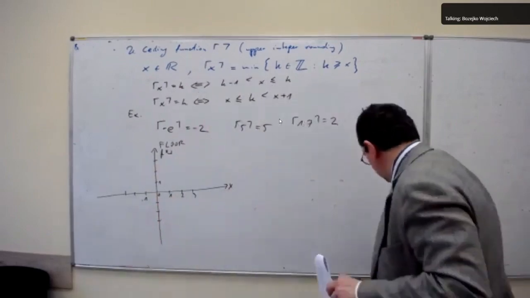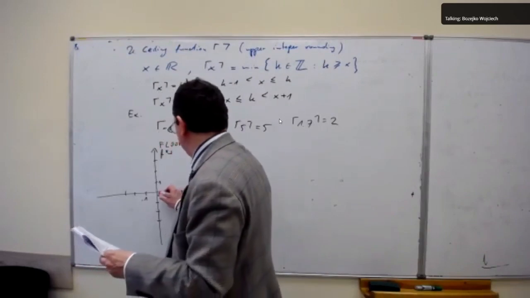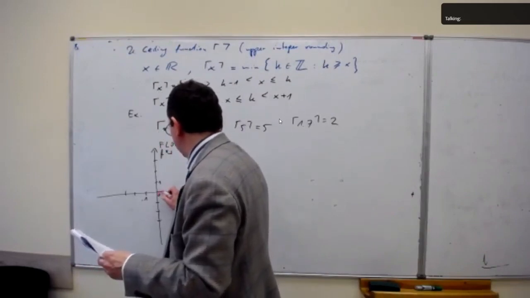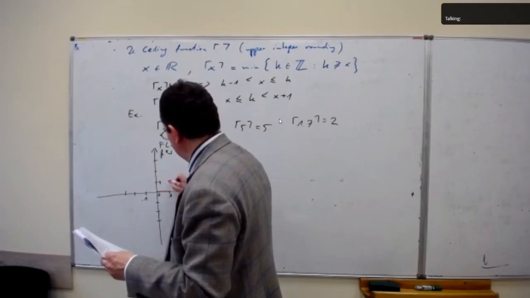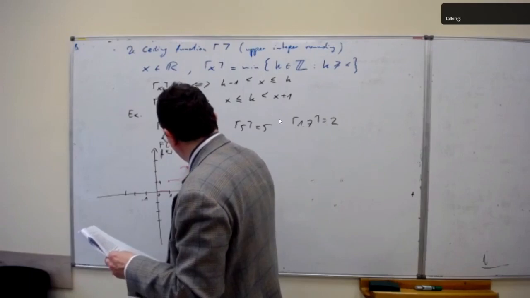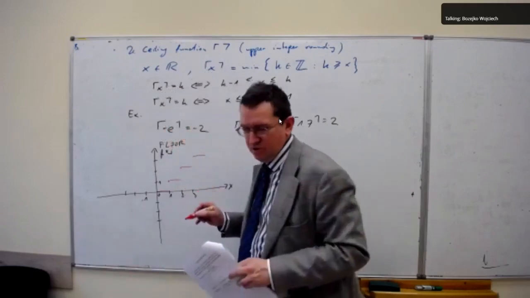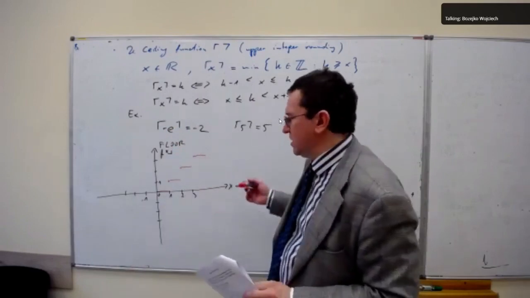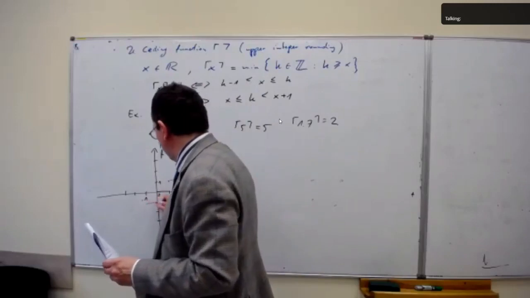So for the numbers from 0 to 1, we have 0 here. At 1, we obtain 1. At 2, we have 2, and so on. Such stairs are the graphical representation of the floor function.